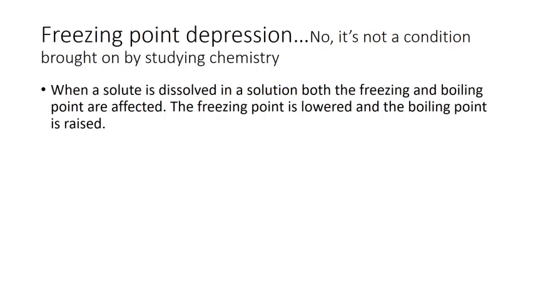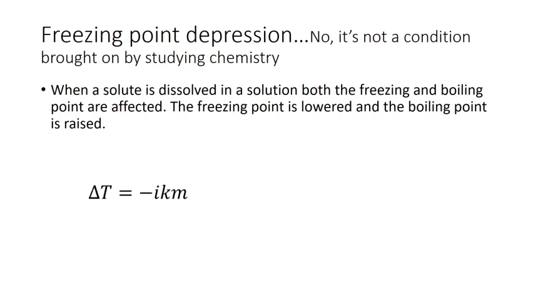Now, freezing point and boiling point depression. This is when a solute is dissolved in a solution, both the freezing point and boiling point are affected. Freezing point is lowered, therefore freezing point depression. The freezing point is depressed. And the boiling point is raised or elevated.